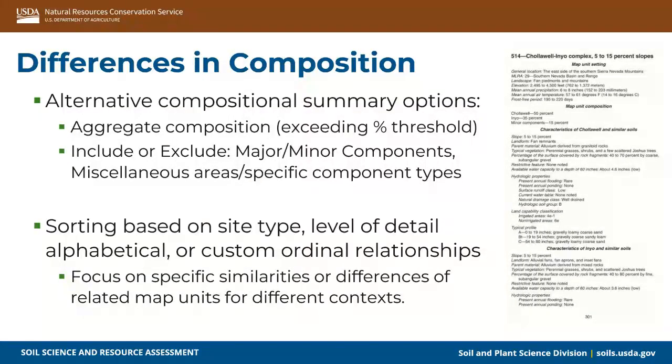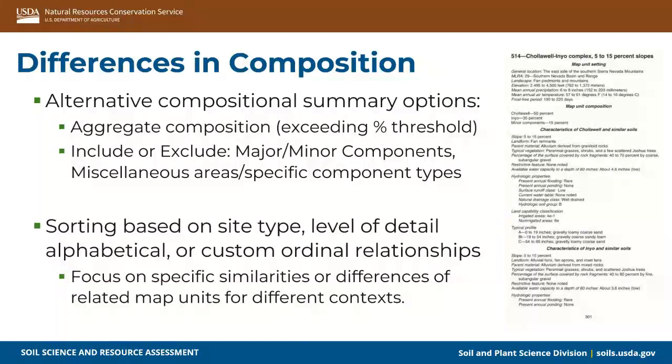You may want to include miscellaneous areas or components of specific name and type, or exclude them. These are options that are available in this aggregation method. We can do sorting based on site type, the level of detail, alphabetical, or custom ordinal relationships. For instance, maybe you want it to list the shallow sites first and the deeper sites next.